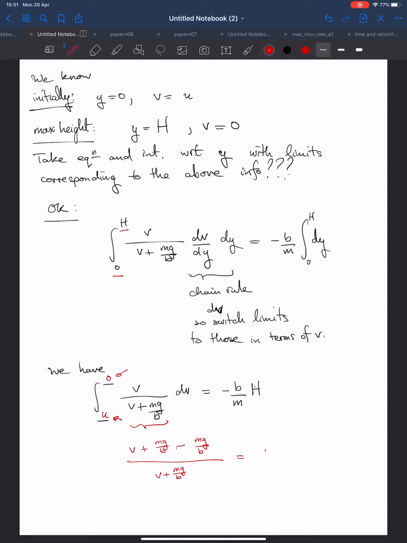This gives me 1 minus mg over b, some constant, over v minus mg over b. So we're just going to integrate this and then plug in the limits. So now we just need to do this integral. I'm going to take this and insert this result.